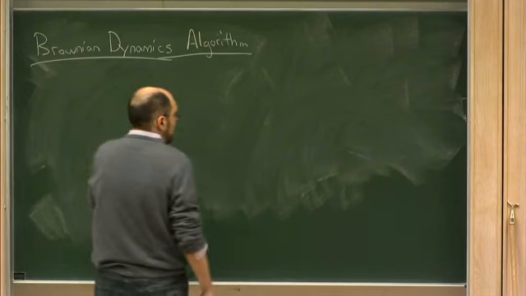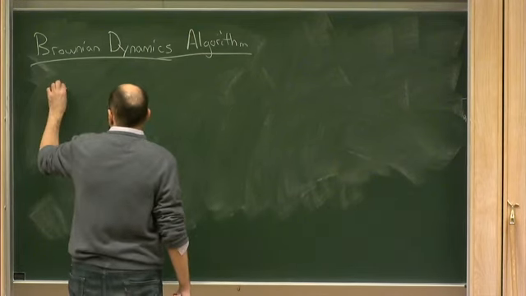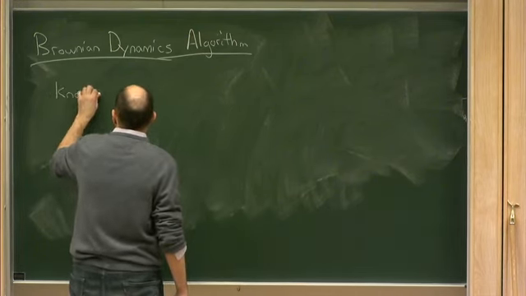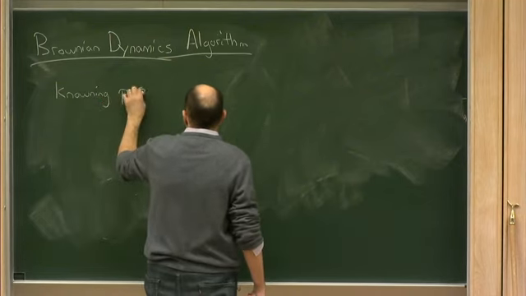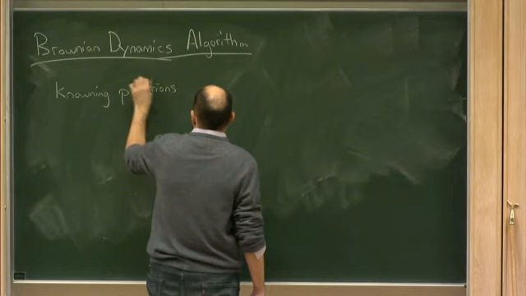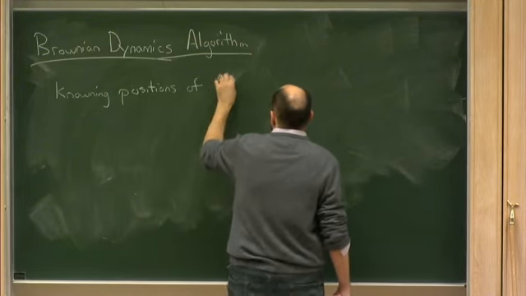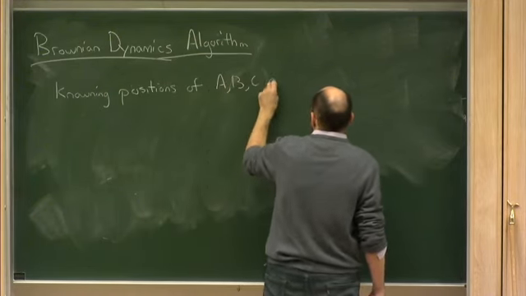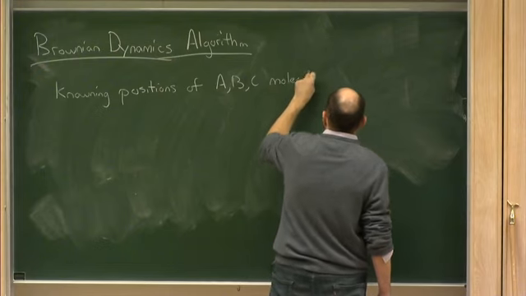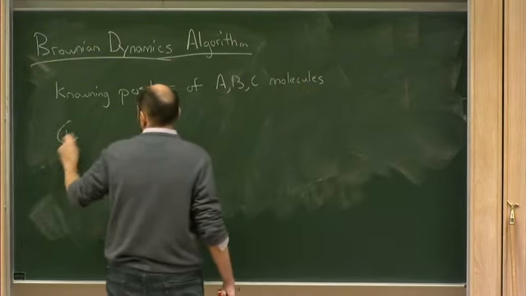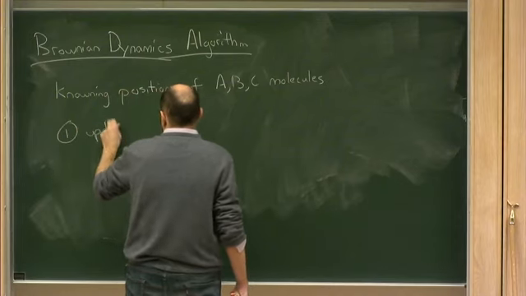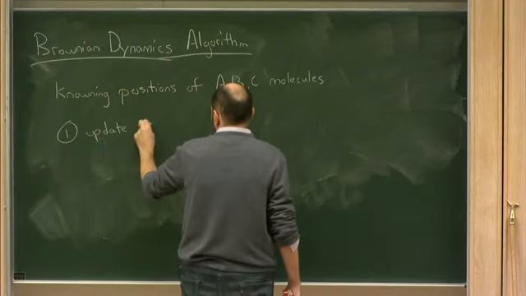And the kind of flow chart is you assume you know the positions of the A and the B and the C molecules. So the first thing we do is we update the positions by diffusion.